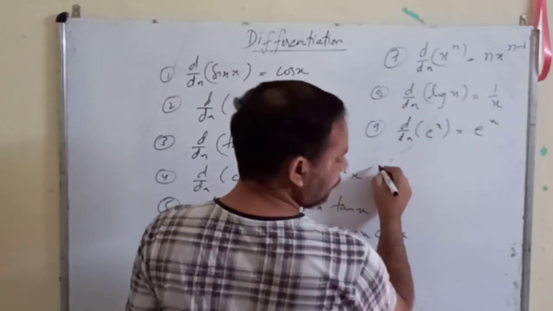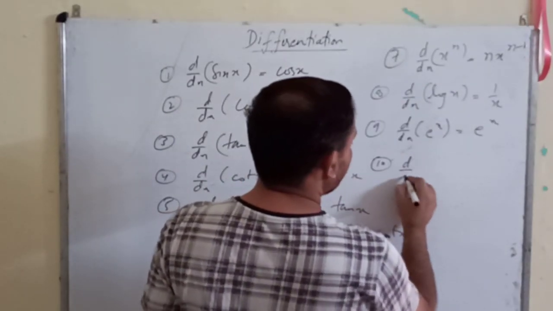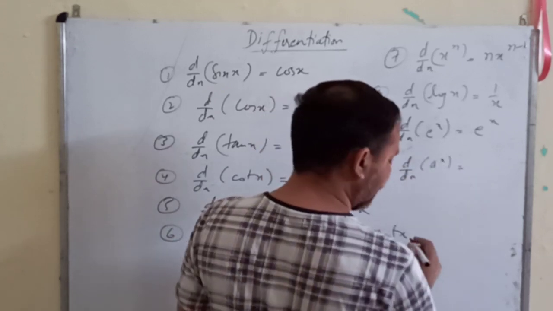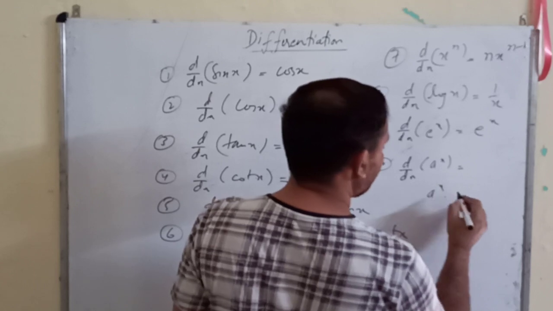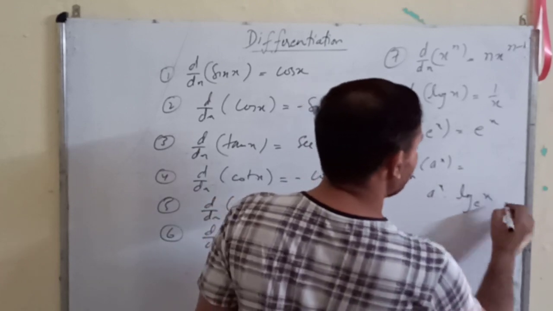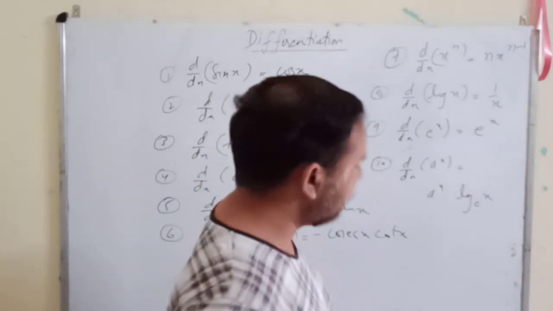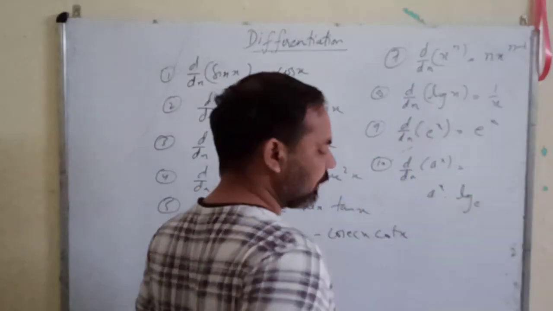Then d by dx of a raised to the power x is equal to a raised to x into log e a.